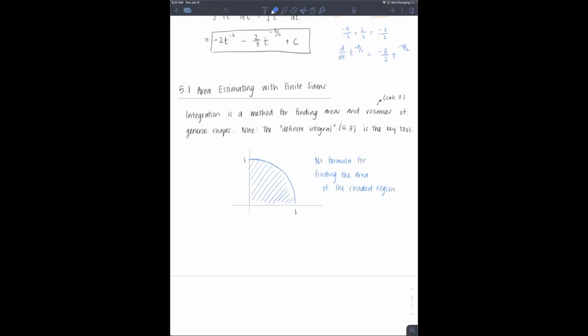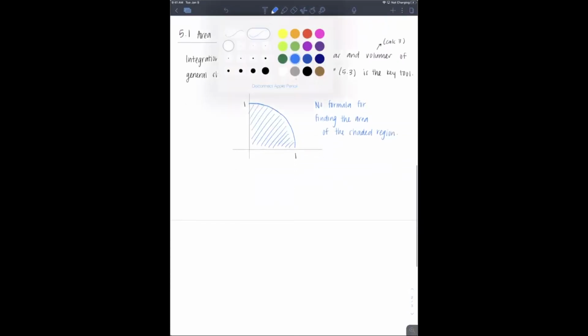And so what we're going to do is first use rectangles to approximate the area.